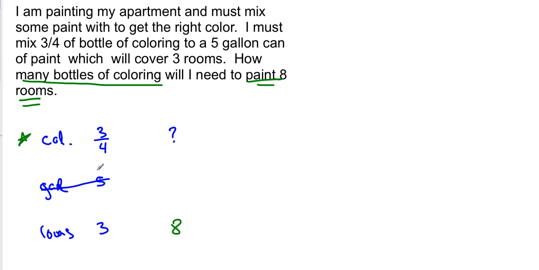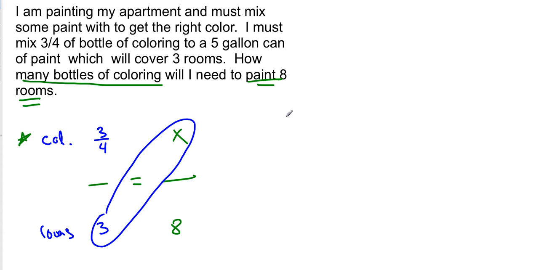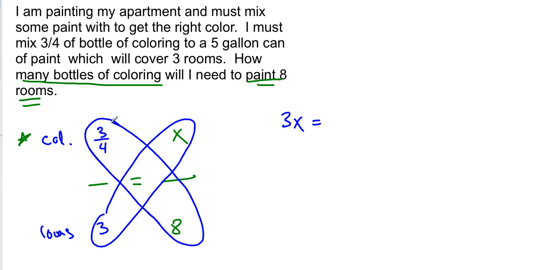So once you set this up, if you notice here, if I got rid of the gallons of paint, and let's call this question mark an x, and I draw a little line here, I create my proportion just the way it is. And there it is. So I got 3 times x, or 3x equals, and then 3/4 times 8 is 6.